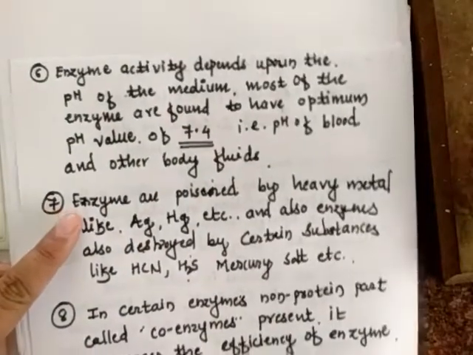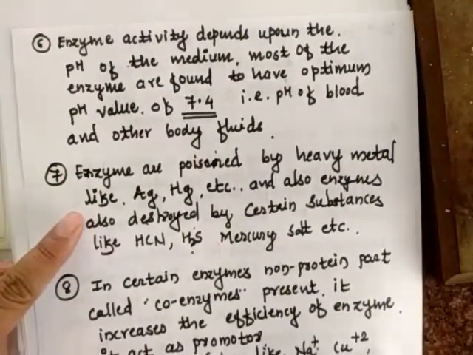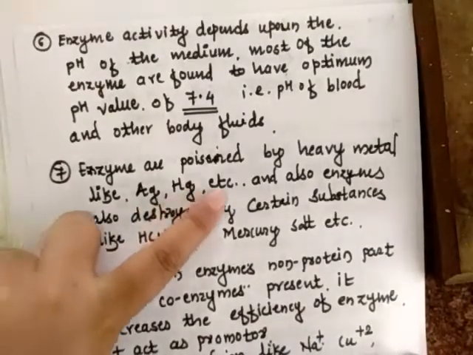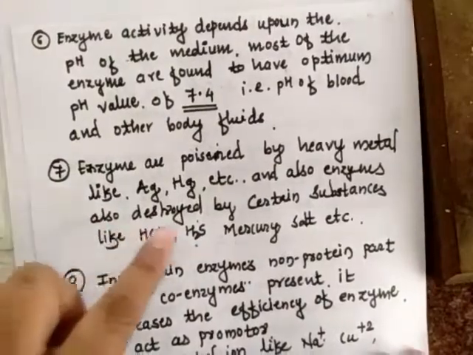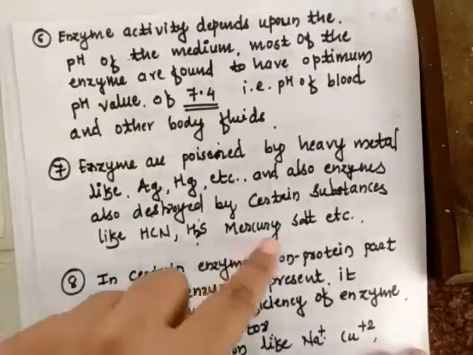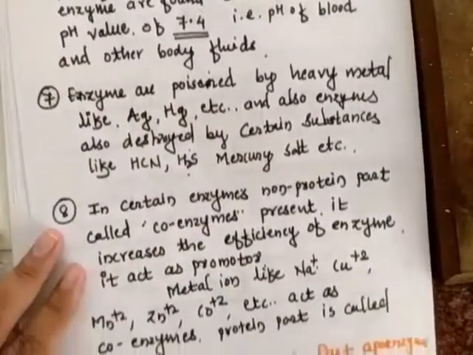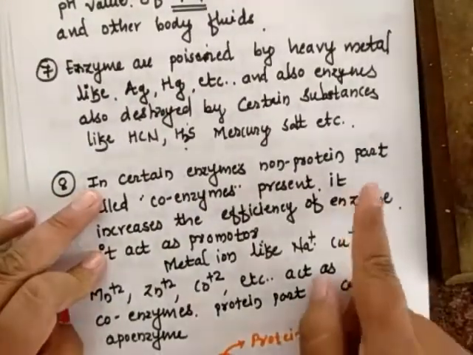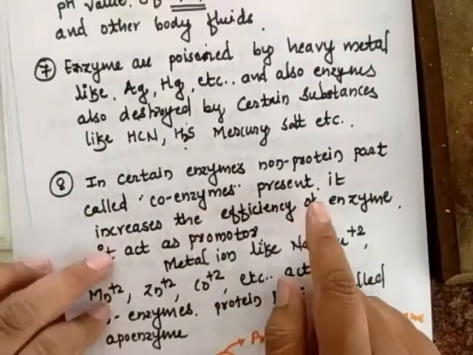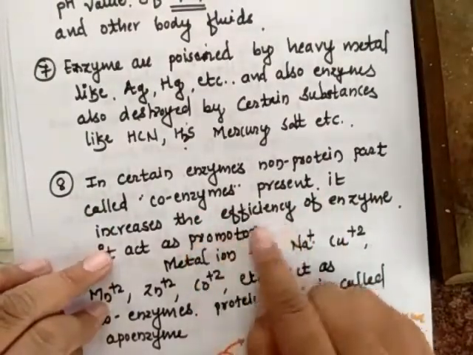Seventh, enzymes get poisoned by heavy metals like silver, mercury, etc., and enzymes can be destroyed by certain substances like HCN, H2S, mercury, etc. And in the eighth, in certain enzymes, the non-protein part is called the coenzyme, which increases the efficiency of the enzyme.